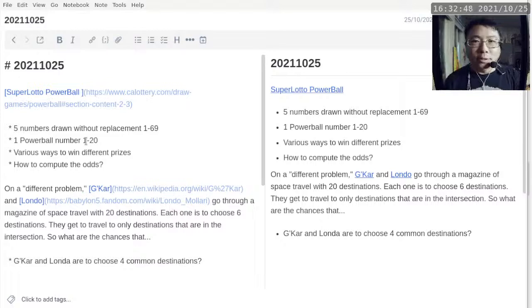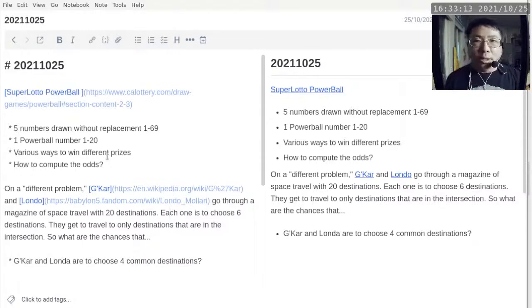And these two are fairly independent. Whatever number you have chosen for the 5 lucky numbers can also be the Powerball number. In other words, how we choose the Powerball number is independent of how we choose the other 5 numbers.